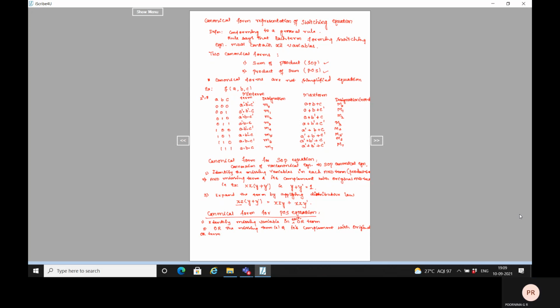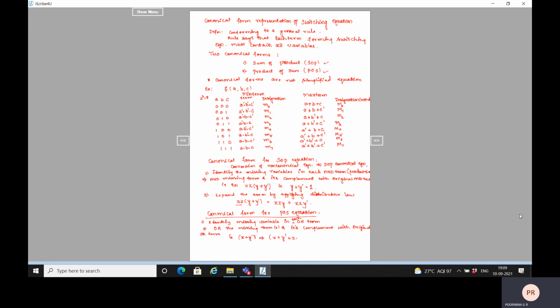To illustrate this, suppose we have a function of three variables x, y, z, and the sum term is x plus y bar. When it has to be converted into a canonical form, the missing term has to be identified. In the given expression, the missing term is z.